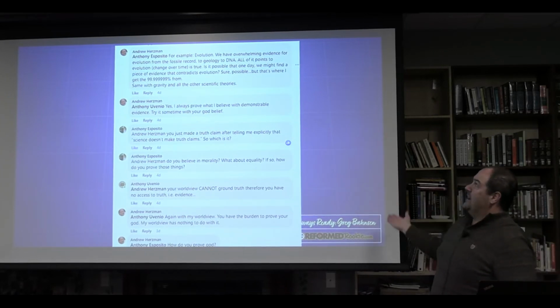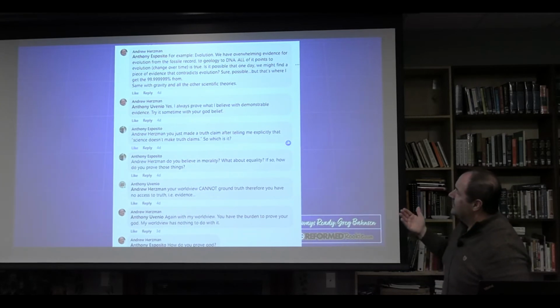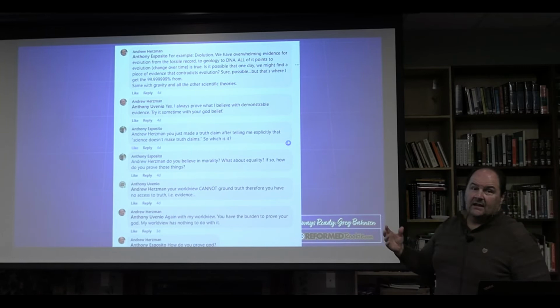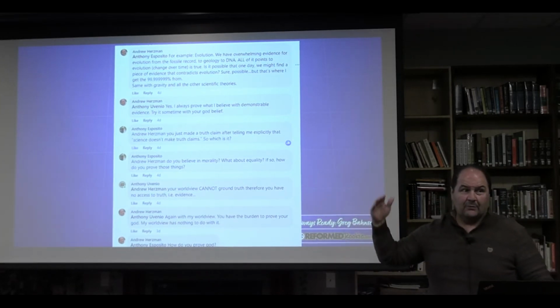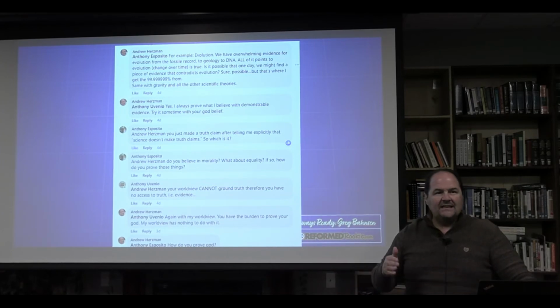Herzman responds back. For example, evolution. We have overwhelming evidence for evolution from the fossil record to genealogy to DNA. Now, as an evidentialist, I would point him to the fact that Stephen Jay Gould, the world-renowned Harvard paleontologist, who has passed away, said that the bankruptcy of the fossil record is the trade secret of paleontologists.